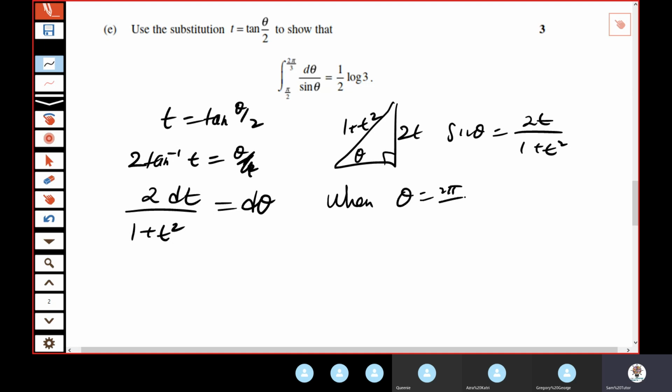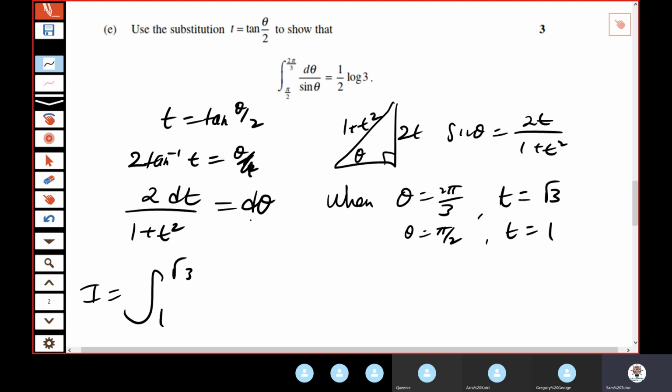When theta is equal to pi on 2, t is equal to tan 45, which is 1. The next one, theta is 2 pi on 3, t is tan 60, which should be root 3. Again, let me know if I'm doing something wrong. Therefore, your integral is from 1 to root 3.